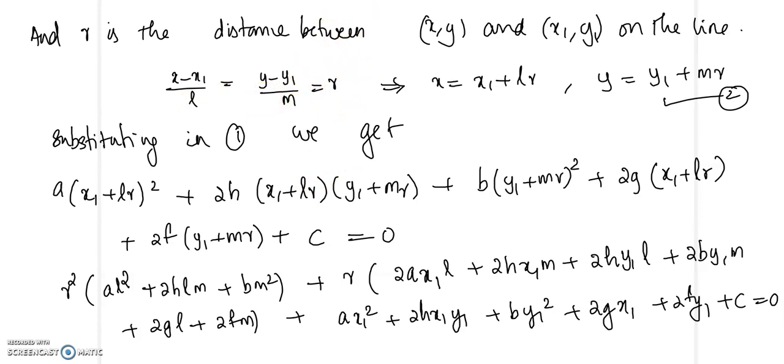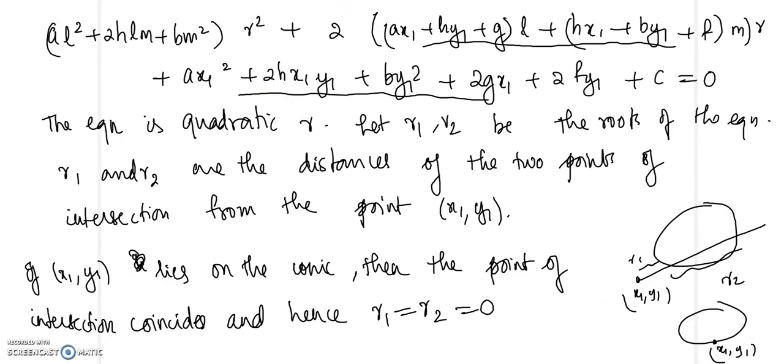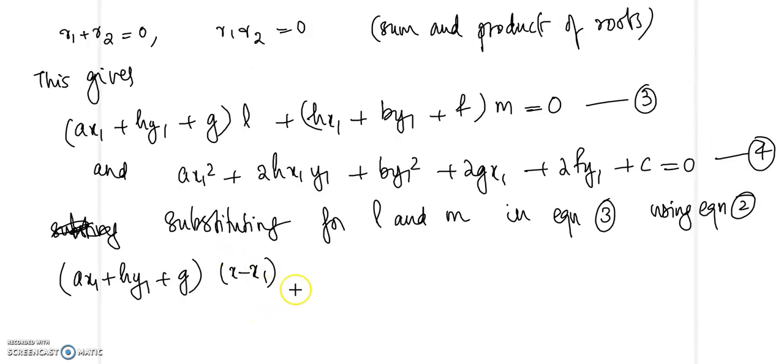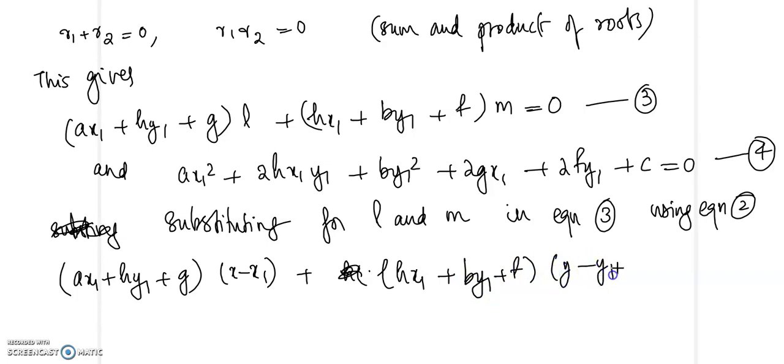Now r will cancel throughout, so I'm not giving the value of r. Okay, so we'll have x minus x1 plus h x1 plus by1 plus f into y minus y1 equal to 0.